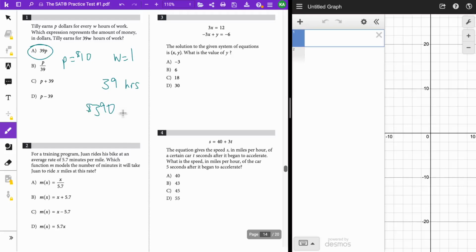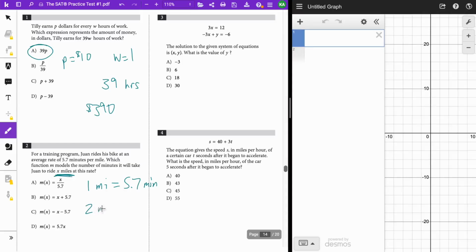What about the second one? Juan rides his bike at an average rate of 5.7 minutes per mile. Which function M models the number of minutes it will take him to ride X miles at this rate? Another one that's kind of tricky for an early problem. Per mile means every 1 mile equals 5.7 minutes. X miles is what we're trying to figure out.